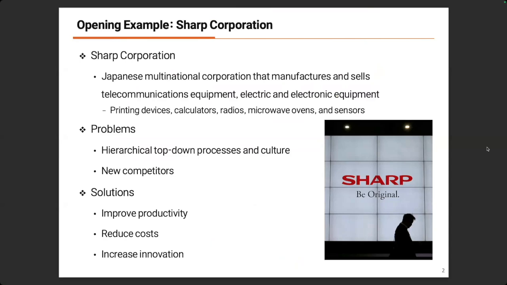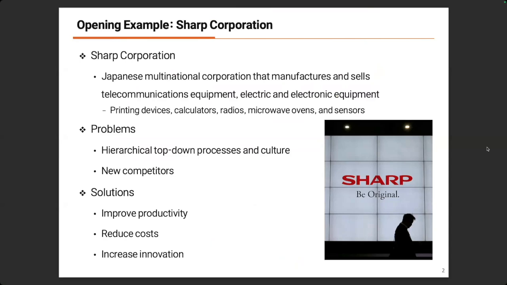And so Sharp Corporation decided to change the way it worked. They wanted to change their business processes and organizational culture.